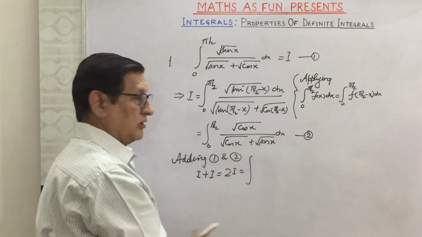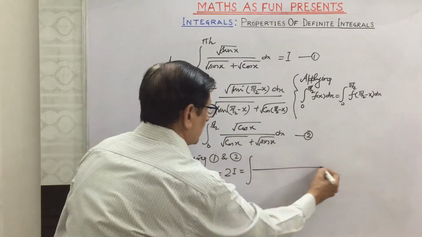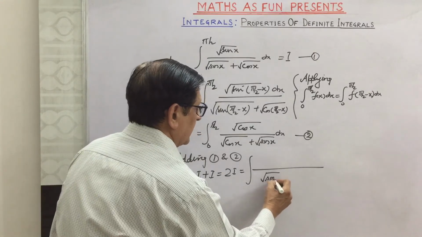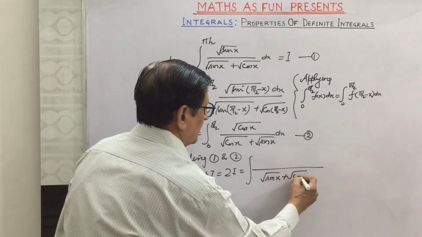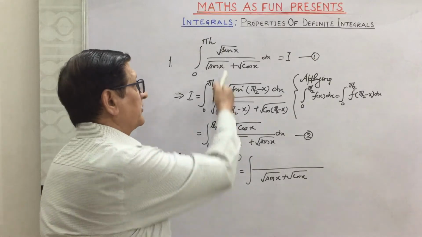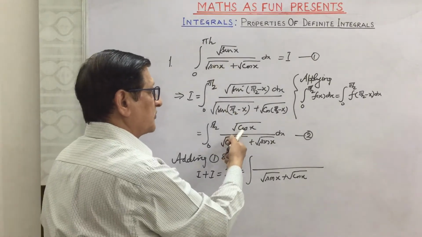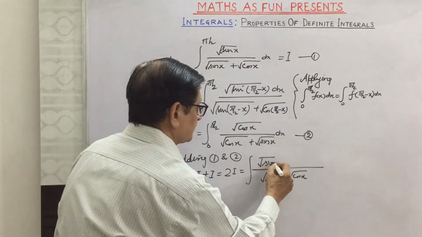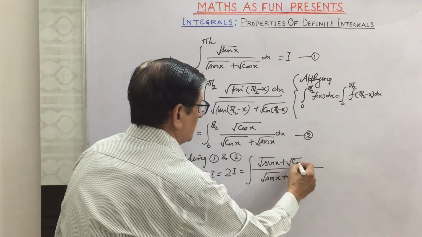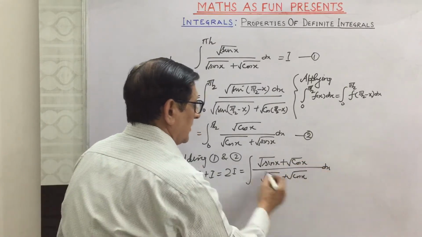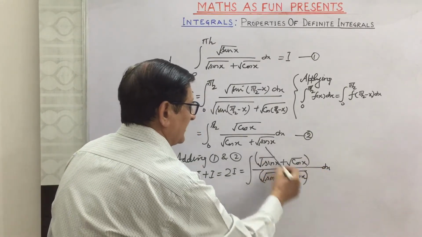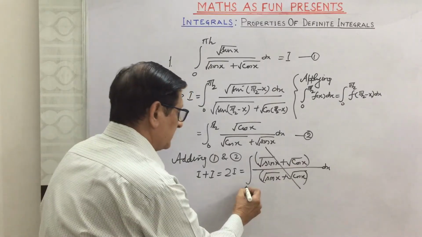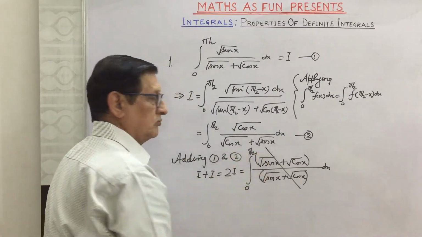The denominator is the same, so the LCM is root of sin x plus root of cos x. The numerator also will be root of sin x plus root of cos x, and these two will cancel each other. The limit is from 0 to pi by 2.